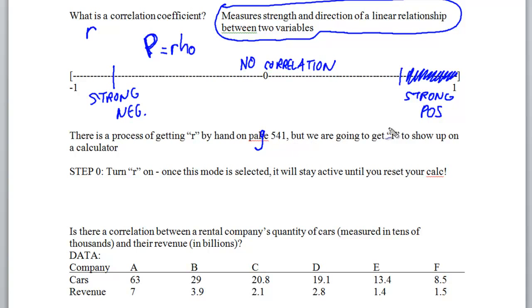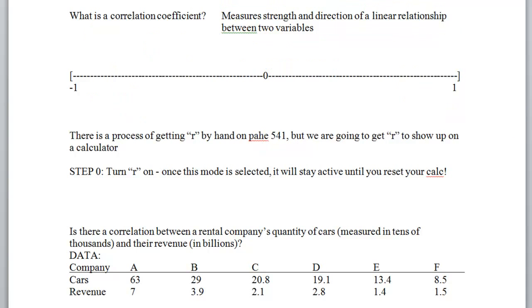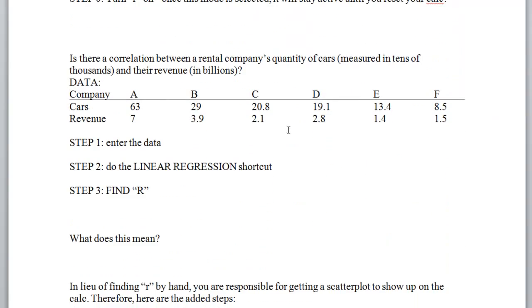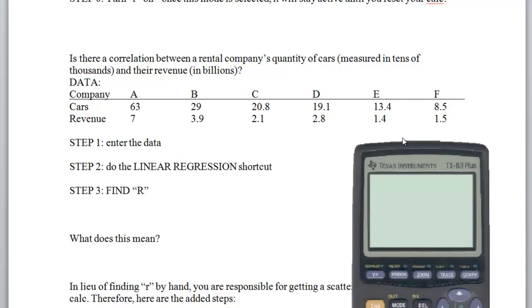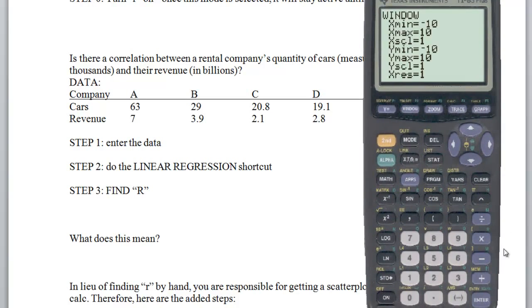So here's what we've got to do. I'm going to get my calculator up and running here. Before we enter in this data, I want you to get your calculator to a nice clean screen, clear it out, and then click the second key, which is this button in the upper left-hand corner, and the 0, which brings up a catalog of formulas.